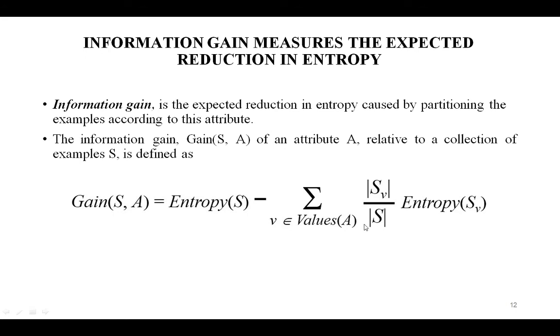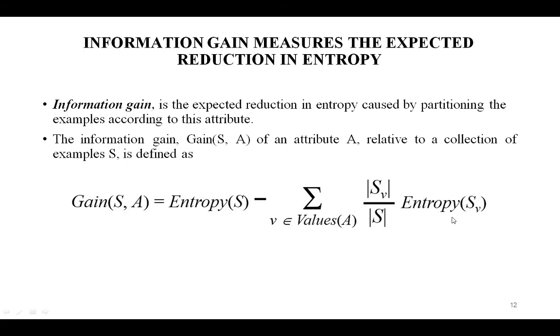The expected entropy described by the second term is simply the sum of the entropies of each subset Sv, weighted by the fraction of examples, that is |Sv|/|S|, that belong to Sv.